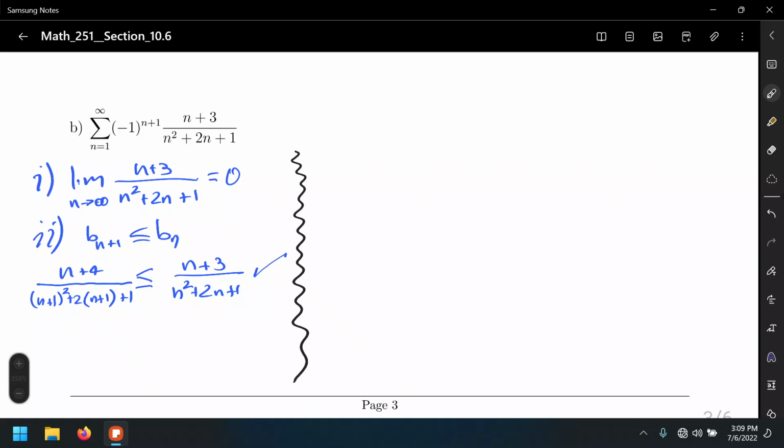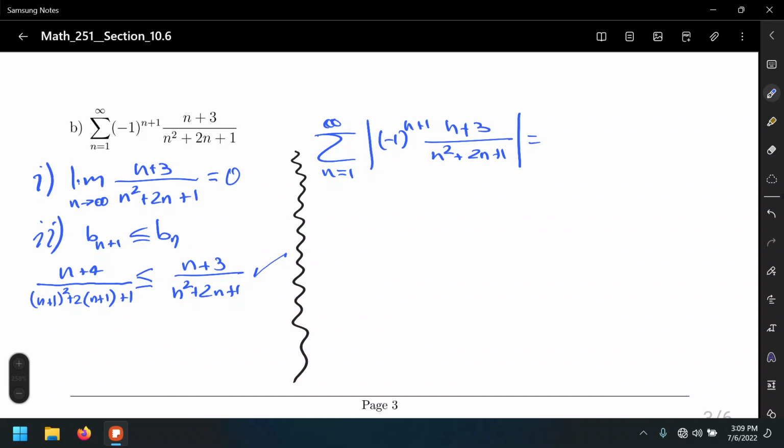I think it's clear, despite the number of symbols and powers. Sigma n equals 1 to infinity of the absolute value of (-1) to the n plus 1, times n plus 3 over n squared plus 2n plus 1.